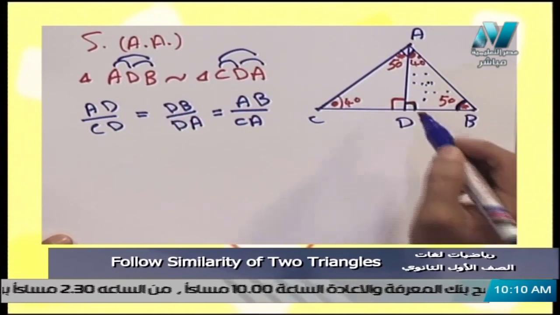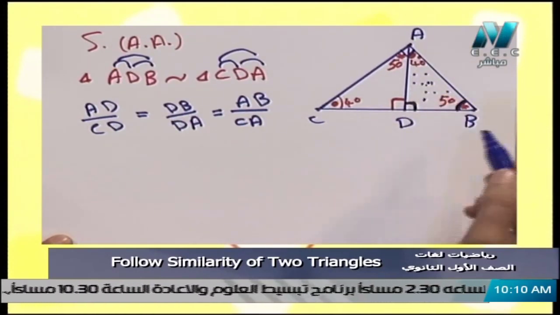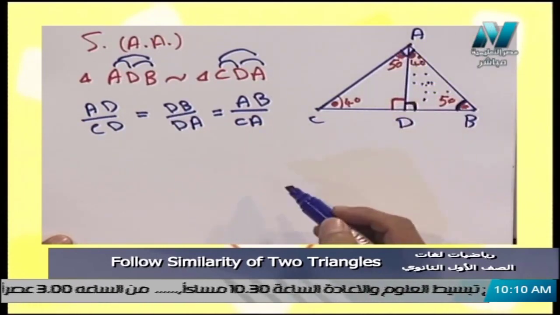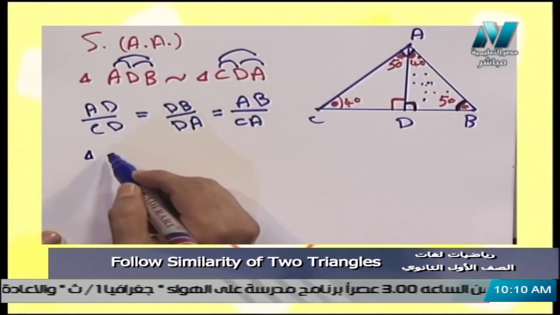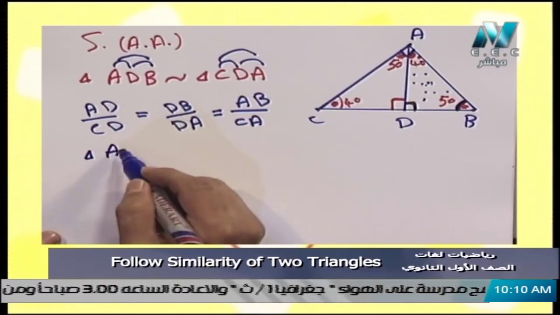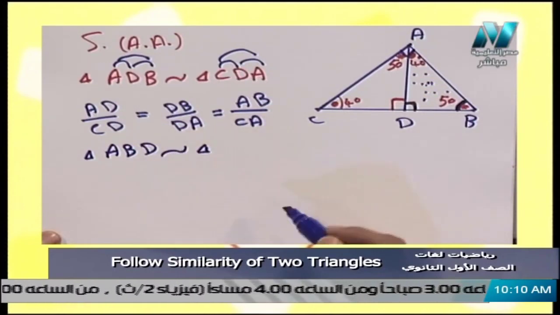And we know that this angle in the triangle ADB equals the angle A, which is 90 also. So we can say that triangle ABD is similar to triangle.